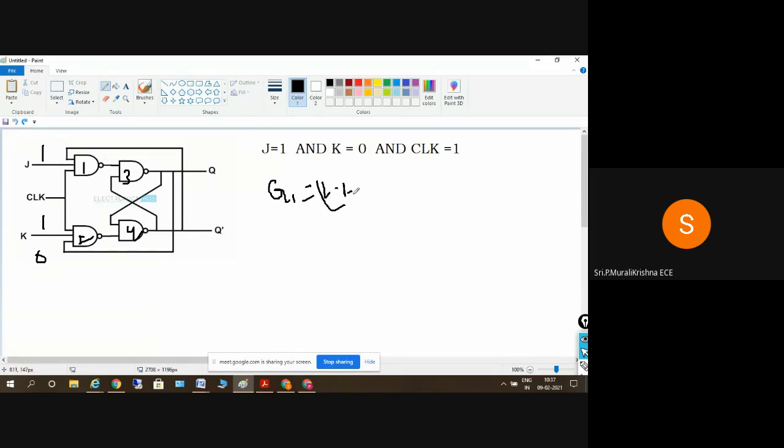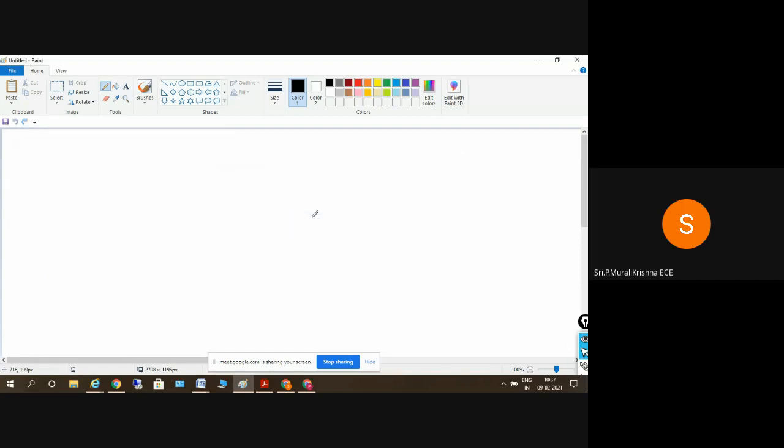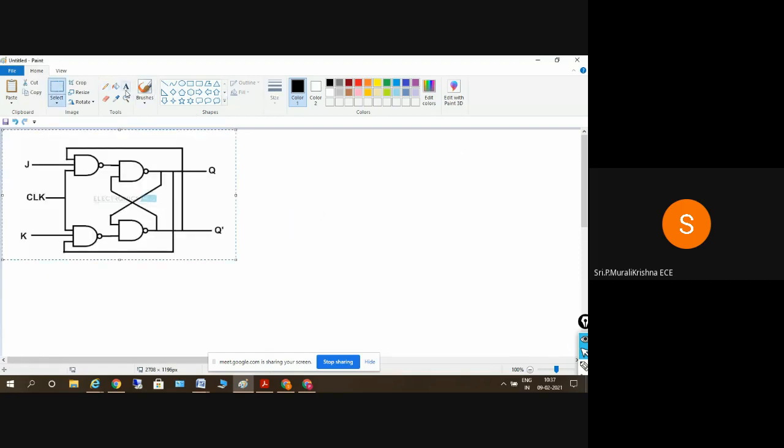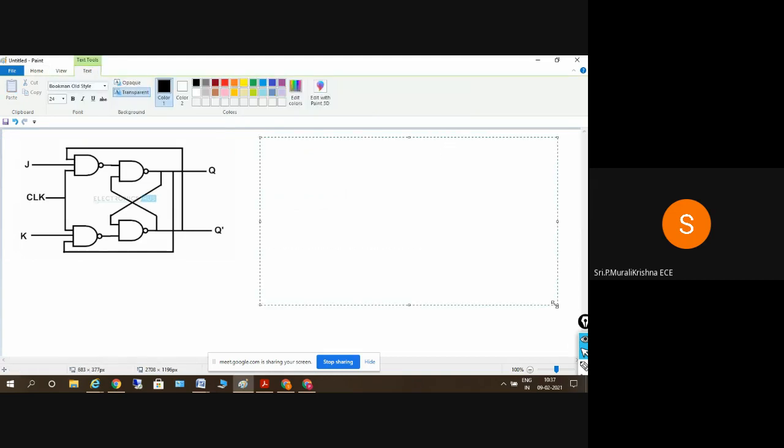So that is J is equal to 1 and K is equal to 1, and clock is equal to 1 here.